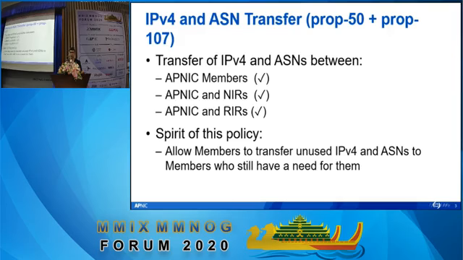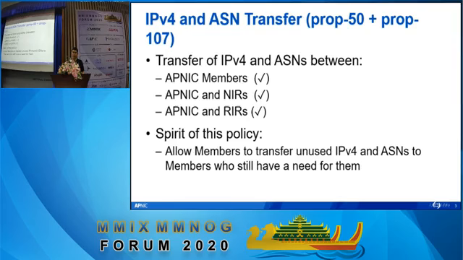And the spirit of this policy is to allow members to transfer any of their unused IPv4 address and AS numbers to those members who still have a need for them. As you all know, IPv4 address is exhausting soon. So as we speak, ARIN has already exhausted their IPv4 address.